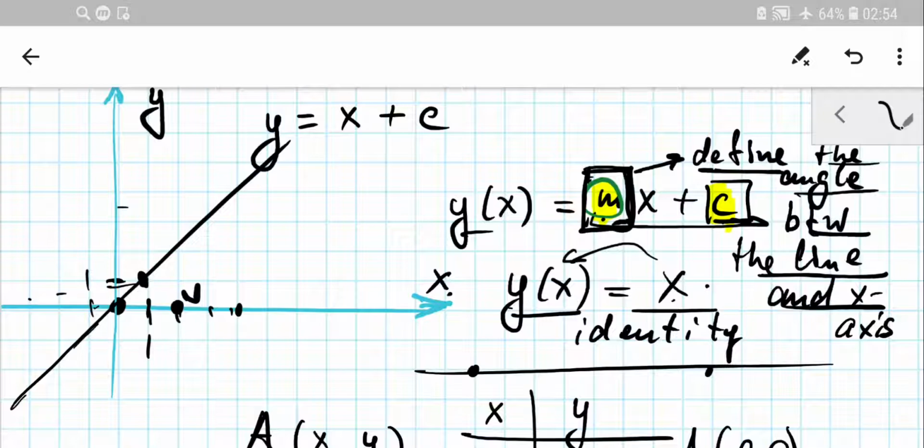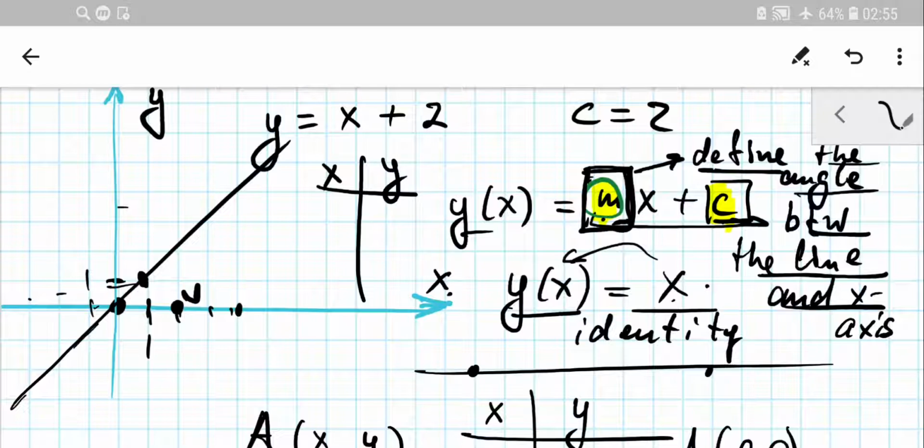So what does it mean in terms of values? Let's say, for simplicity, we take c equals 2, and we just add 2. So what will happen if we construct the table again? For 0 and 1 for x, we'll get the following values: 2 and 3. Before, for 0 and 1, there was a correspondence, like this new function and the previous one.